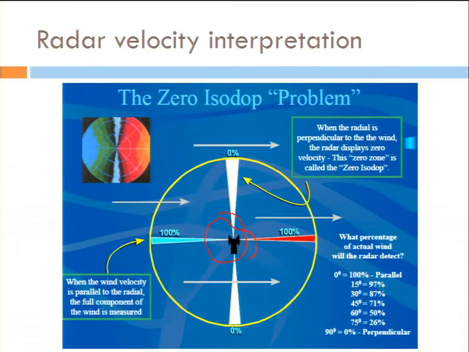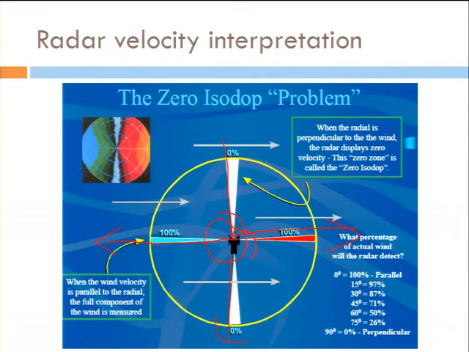So everywhere it's sending out a signal, sending out beams away from the radar. And so there's going to be portions of the image where the raindrops are blowing towards the radar. There are going to be portions of the image where the raindrops are blowing away from the radar.